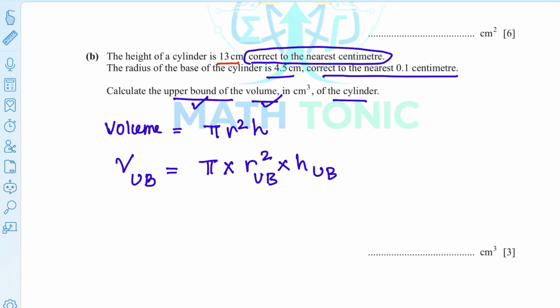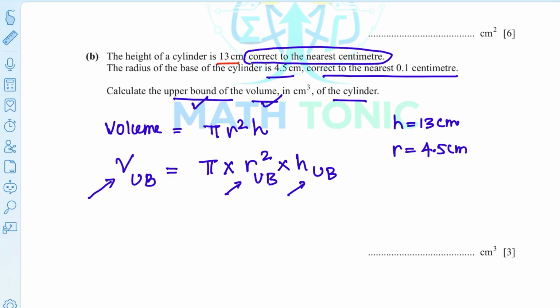Did you understand everyone clearly? If I'm trying to find the upper bound of volume, and these three values are multiplied, that means I have to take the radius upper bound value and the height also upper bound value. Now we'll find the upper bound values. Height is given as 13 centimeter and the radius is 4.5 centimeter.